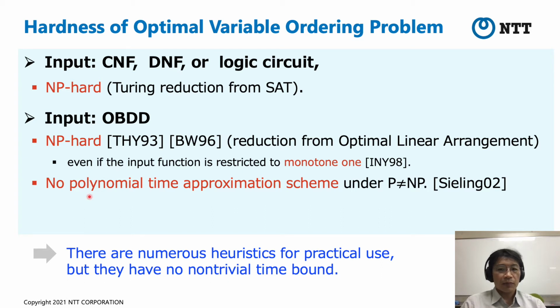Also, the approximation seems very hard. That is, it was proved that there is no polynomial time approximation scheme under the conjecture that P is not equal to NP. Therefore, there are numerous heuristics for practical use, but they have no non-trivial time bound.